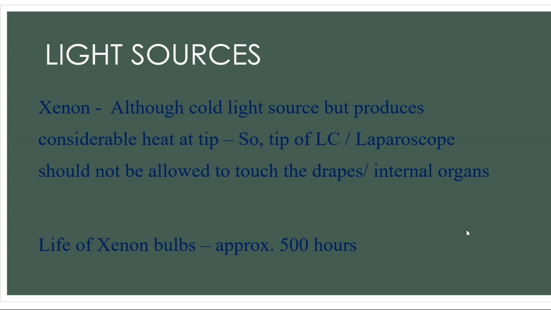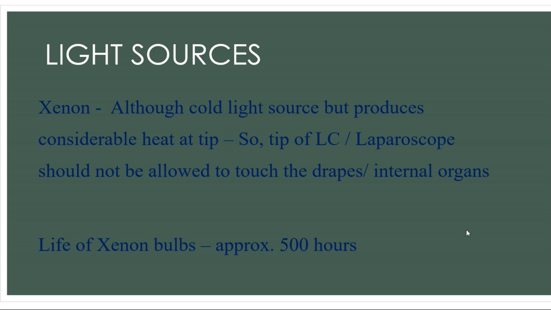Although the xenon light source is considered a somewhat cold light source, remember that all three types, the halogen, the xenon, and even LED, produce considerable heat at the tip.